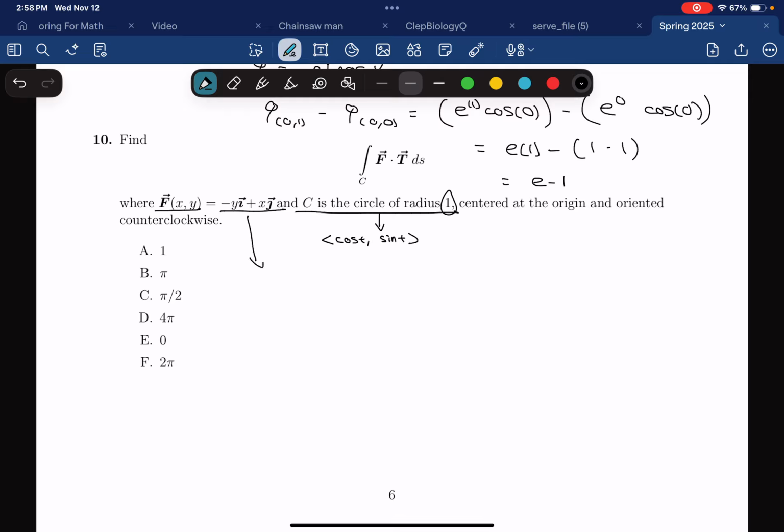And our f is the vector negative y, x. This is our r of t. So in this case, in order to find this, we got to do f of r of t times r prime of t. R prime of t in this case is negative sine t, cosine t.